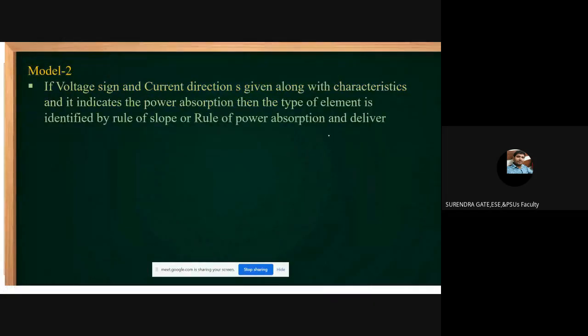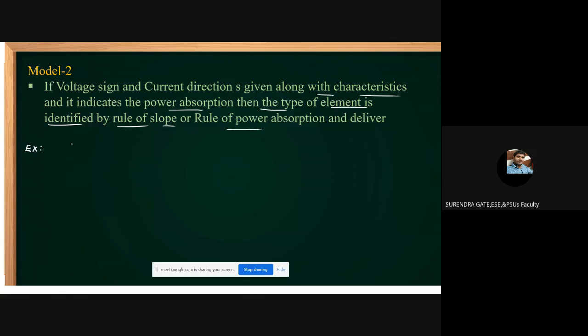Yes, friends. You see model 2. If voltage sign and current direction are given along with characteristics, and it indicates the power absorption, then the type of element is identified by the rule of slope or the rule of power absorption. Any rule we can apply. This is similar to that one, but the model is given like this.